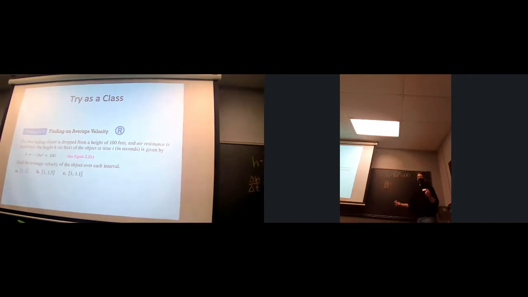Well, that's just going to be the difference quotient. And what we're going to do is say h of t plus delta t minus h of t, divided by delta t. We're going to work this all out, right?